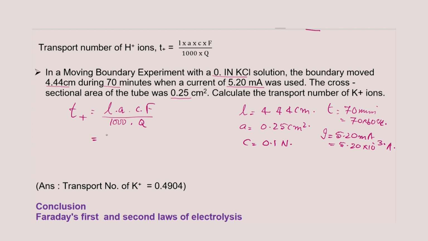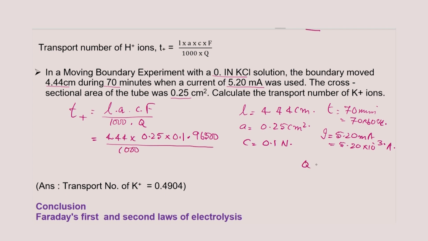Okay. Now, all the values are obtained, you can apply them. L is equal to 4.44, A is equal to 0.25, C is equal to 0.1, F is equal to 96,500, divided by 1000. Now, Q is missing.